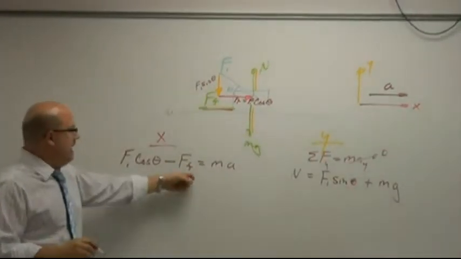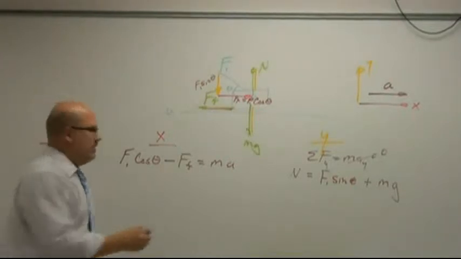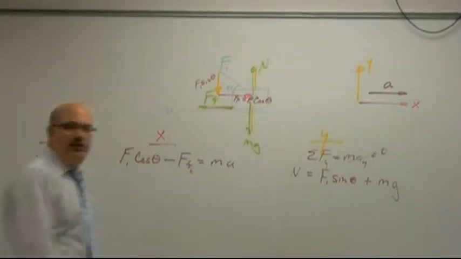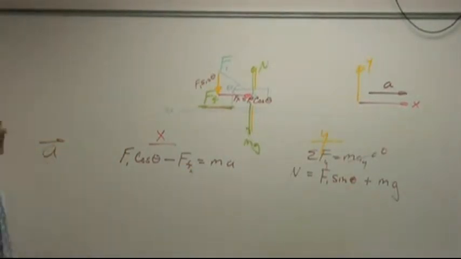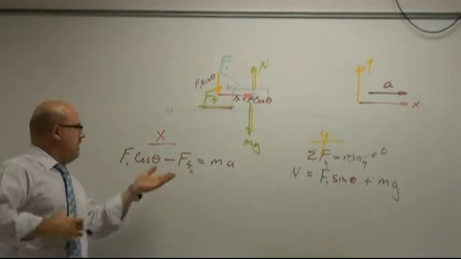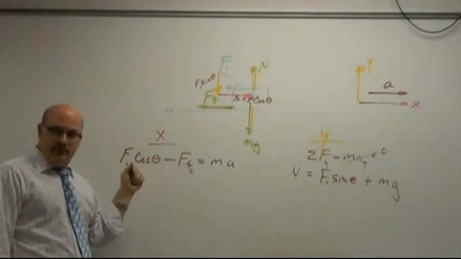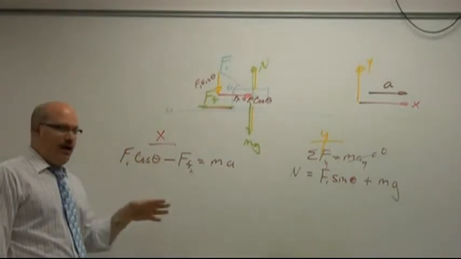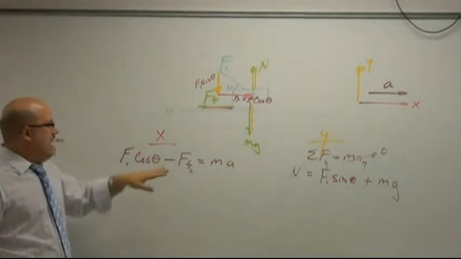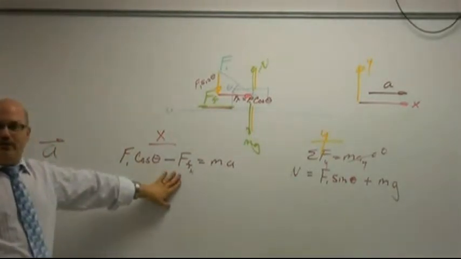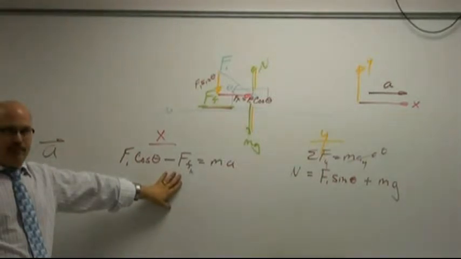What kind of friction is that? Kinetic, because it's moving. So here's my question. If it's moving to the right, accelerating, that's kinetic friction. Can I do better then with this equation?